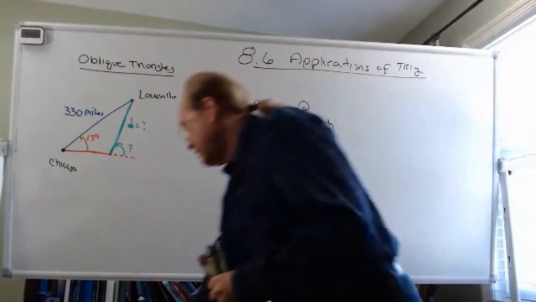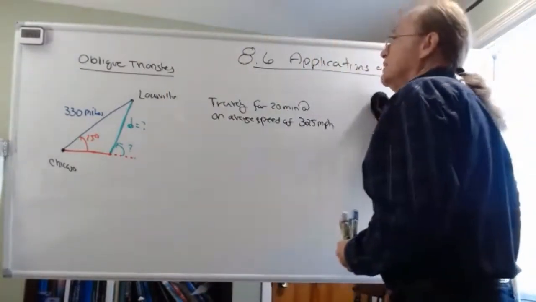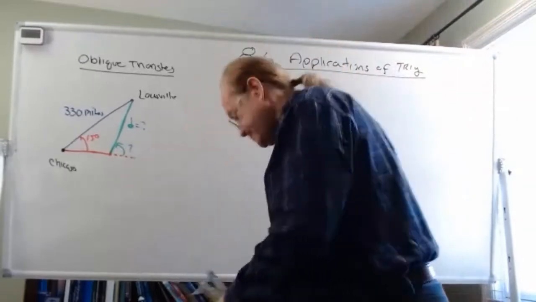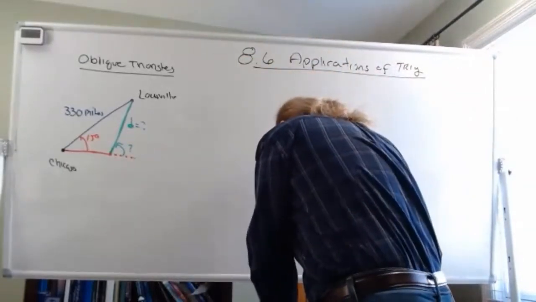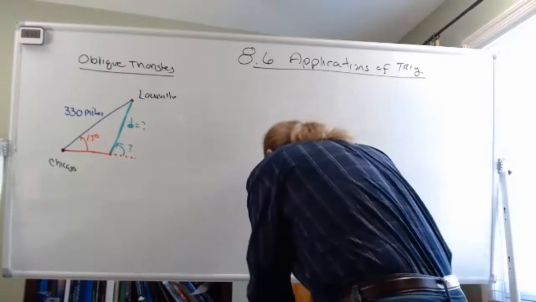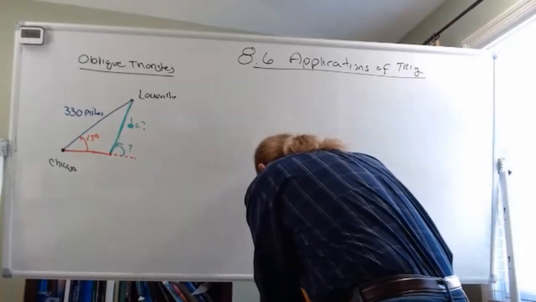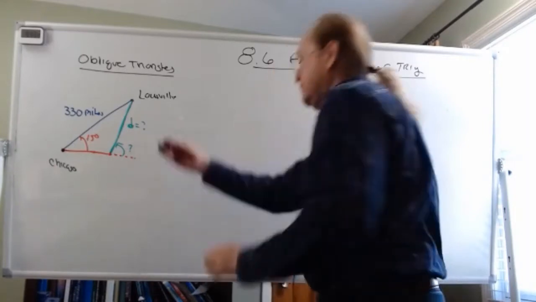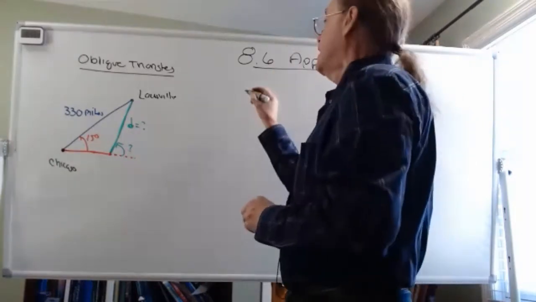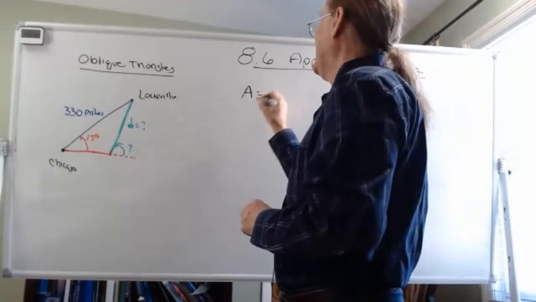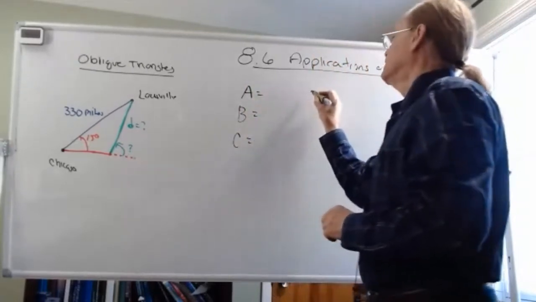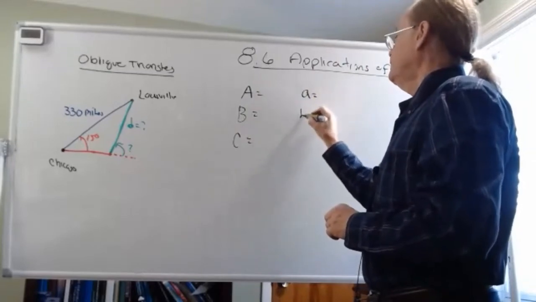Okay, so let's put everything that we know up, and we're solving an oblique triangle. We can set it up just like we normally would, solving any other oblique triangle, then interpret it in the end in terms of the given information. So I want to find all the angles, and I want to find the length of all the sides.